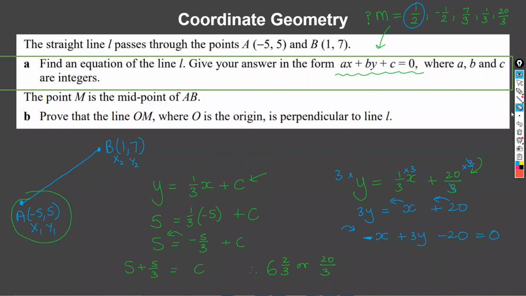Instead of throwing across the x and the 20 on this side, they decided to throw across the 3y on that side. So the 0 will be on this side now, and then you'll get x minus 3y plus 20. This will also be correct in the exam, right? The examiner won't take any harassment.